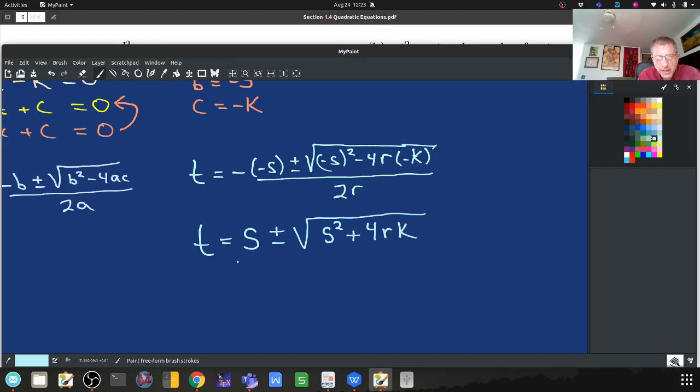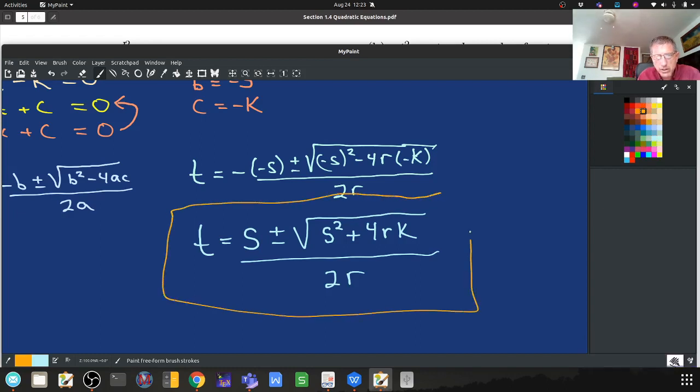And it's all going to be over 2r. And that's it. You can't go any further, but that is the solution right there. t is equal to s plus or minus the square root of s squared plus 4rk, all of that underneath the radical, over 2r. Okay.